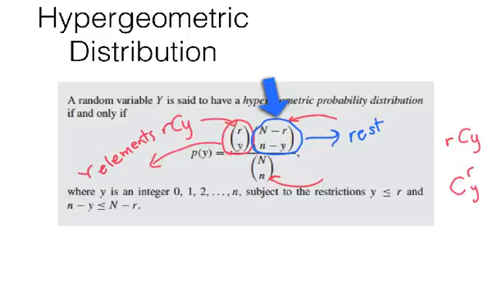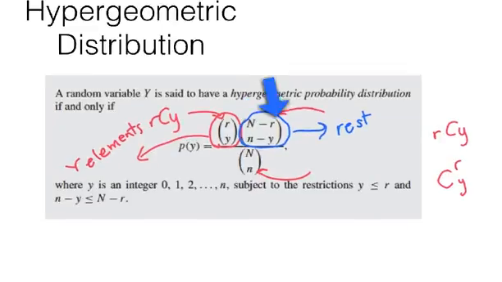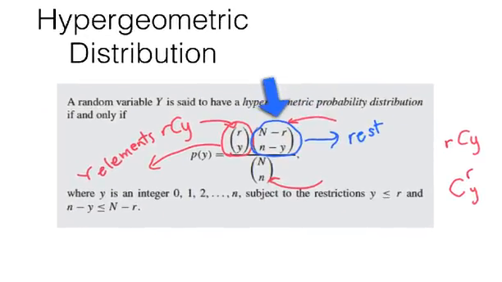And the other part, the ones at the bottom, are the rest of the sample size. So you have small n elements in the sample, and from those that are not y, well, that's the rest of them. So that's the definition for the distribution.